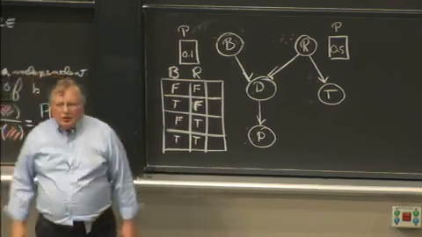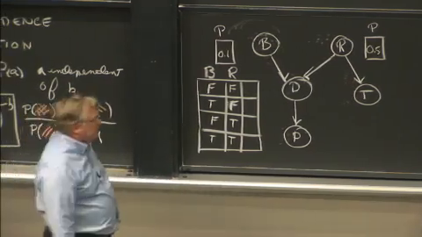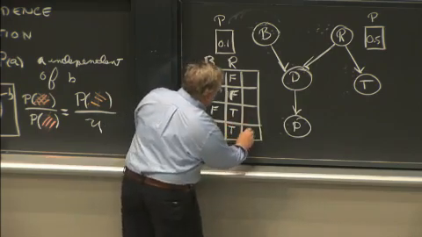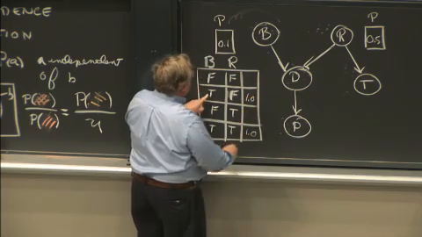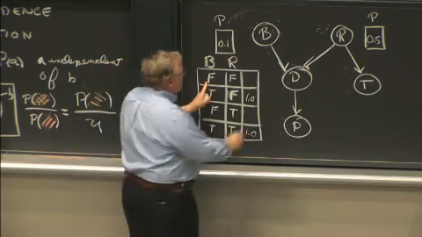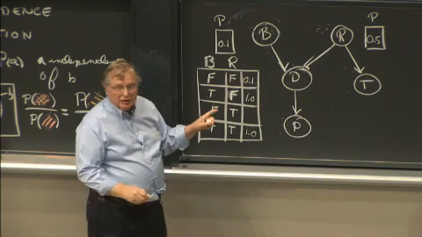So let's say it's a wonderful dog, and it always barks if there's a burglar. So that would say that the probability here is 1.0, and the probability here is 1.0. And if there's neither a burglar nor a raccoon, the dog still likes to bark just for fun. So we'll say that's a chance of 1 in 10.